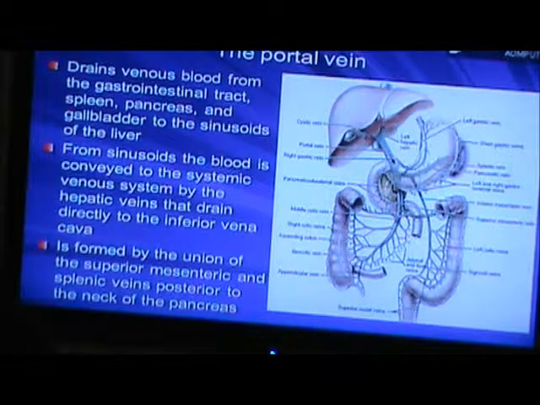The portal vein is formed by the union of the superior mesenteric and the splenic vein posterior to the neck of the pancreas. And the portal vein reaches the porta hepatis.